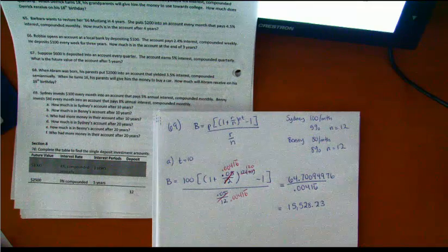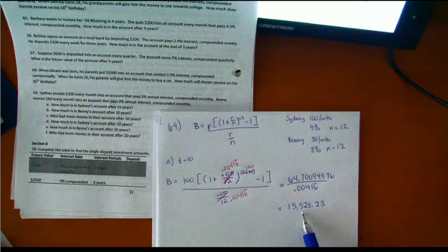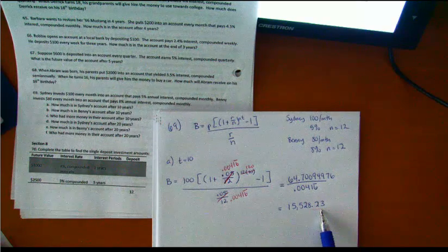So at the end of 10 years, excuse me, Sydney's going to have $15,528.23.